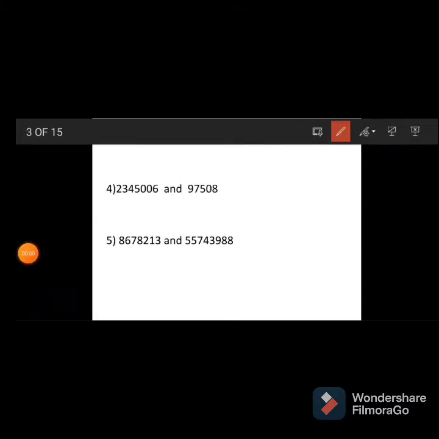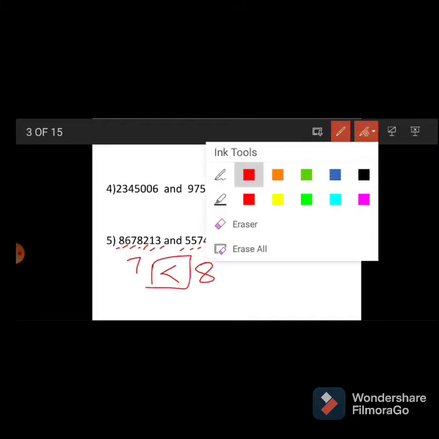See the fifth example. Check the number of digits: here 1, 2, 3, 4, 5, 6 and 7 digits. Here 1, 2, 3, 4, 5, 6, 7 and 8, means 8 is greater than 7. So which number is greater?